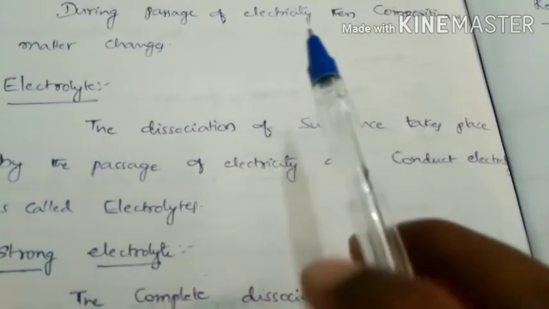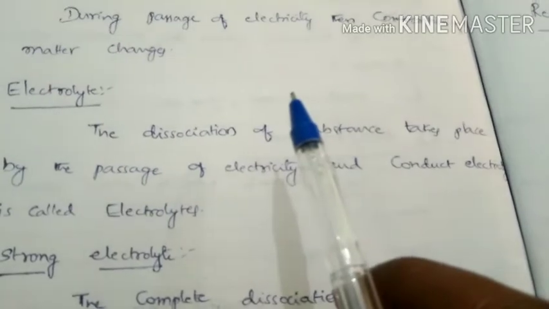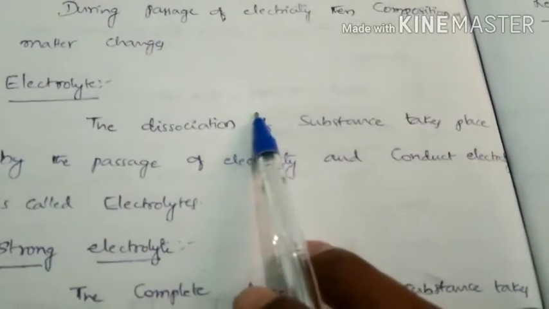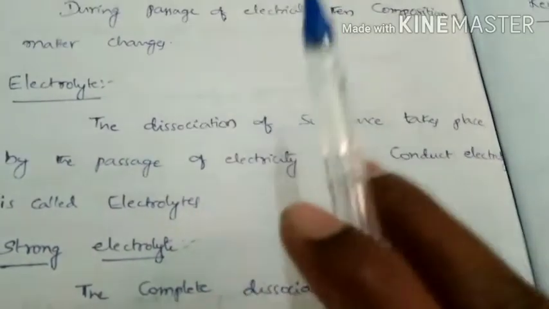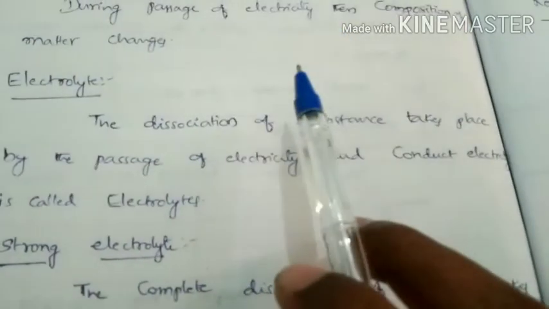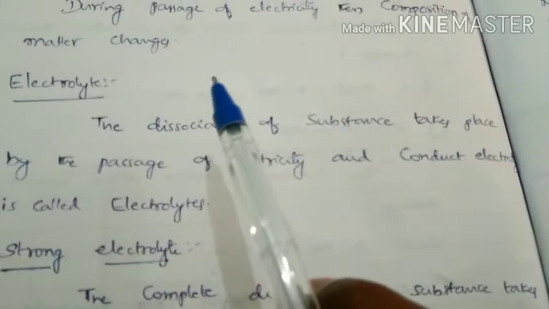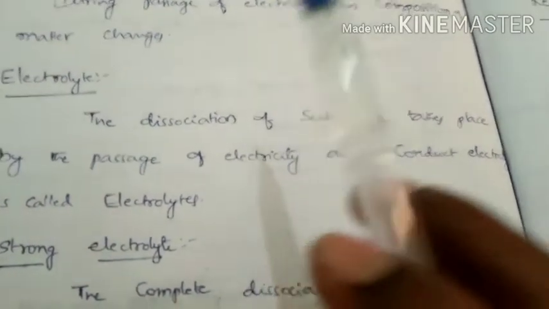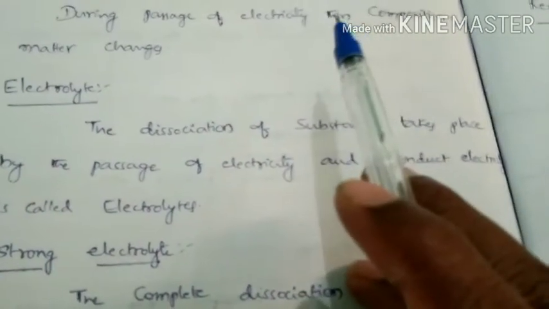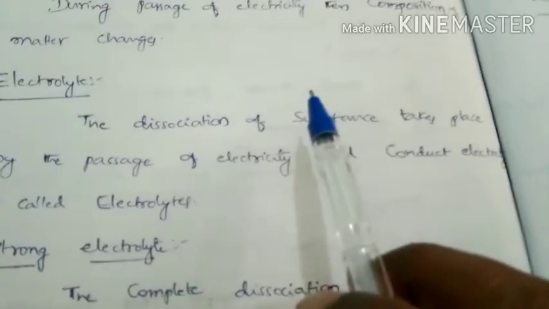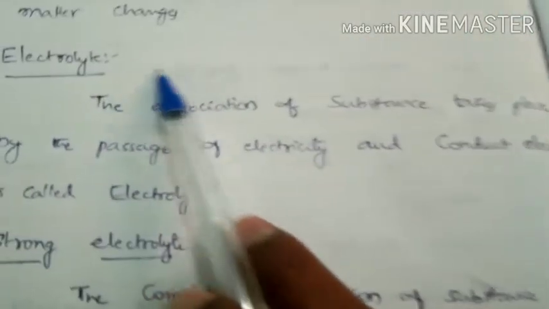For example, an iron rod exhibits conductivity when electricity is passed through it, but that iron rod cannot be dissociated, so it is not considered an electrolyte. So when electricity is passed through a particular substance, if it undergoes dissociation while conducting electricity, then that substance is called an electrolyte. That is the meaning of electrolyte.